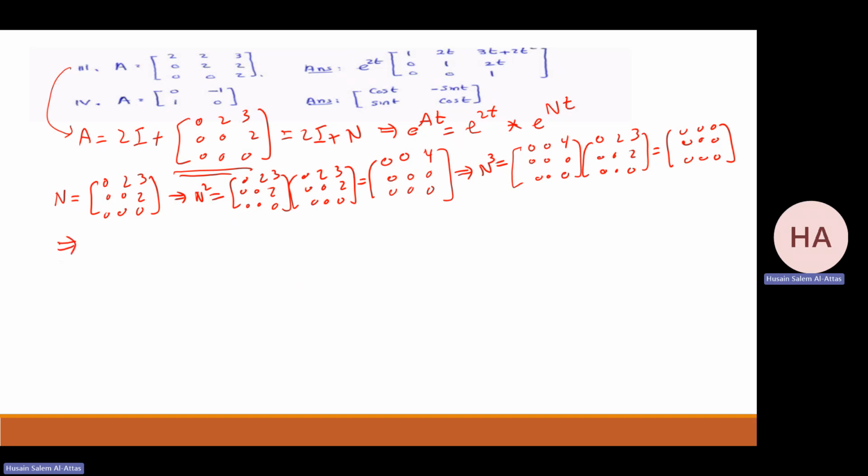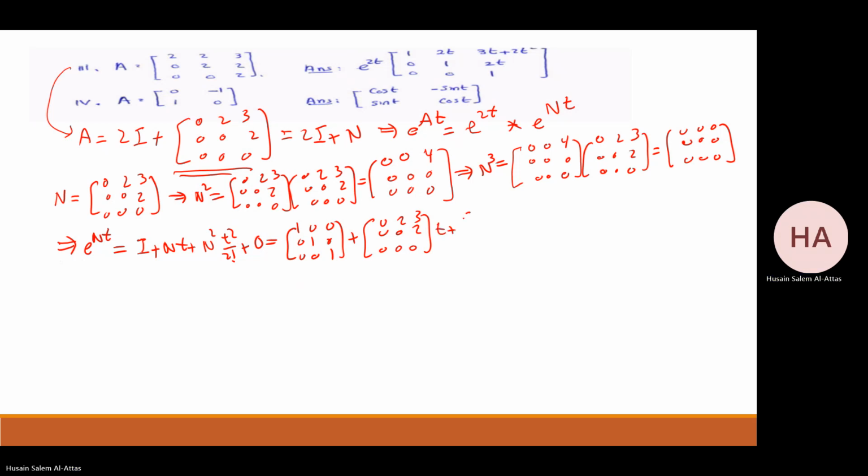So e to the power Nt will be I plus Nt plus N squared t squared over 2 factorial plus 0. That will be the identity plus N, which is 0, 2, 3, 0, 0, 2, 0, 0, 0, times t, plus 0, 0, 4, 0, 0, 0, 0, 0, 0 times t squared over 2.